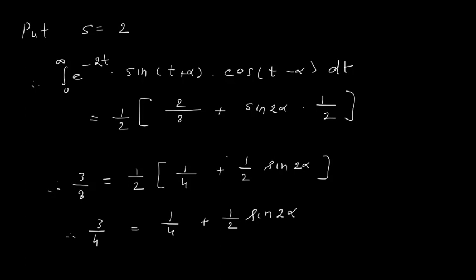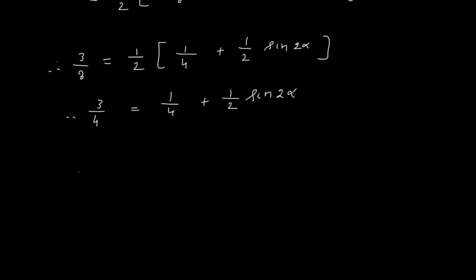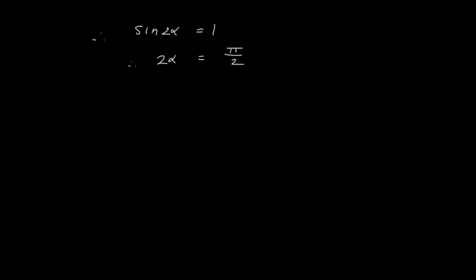Now move 1 divided by 4 to the left side, so you have 2 divided by 4, that is 1 upon 2, equals 1 upon 2 sin 2 alpha. Now 1 upon 2 also moves to this side and divides. So I have sin 2 alpha equals 1. Therefore 2 alpha equals 90 degrees, that is pi upon 2. Therefore finally alpha equals pi upon 4.